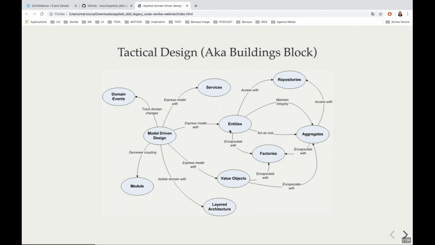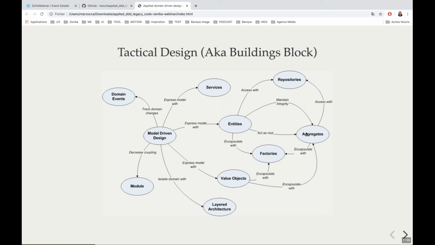Using these two concepts, we have the aggregates. An aggregate has an entity as a root, and that entity is going to reference entities and value objects. If I take an example, if we take a car as an aggregate root, it can reference, for example, the entity wheel, and also an entity like engine identifier or something like that.